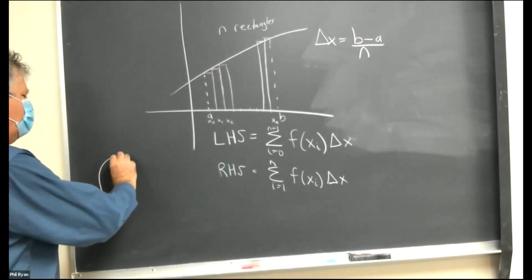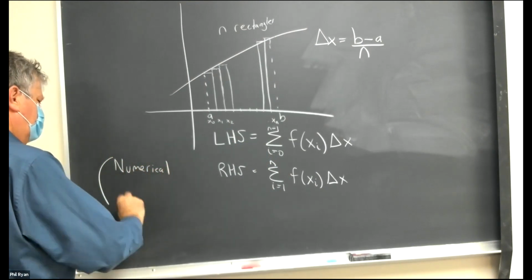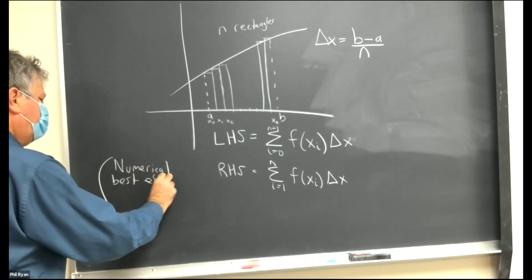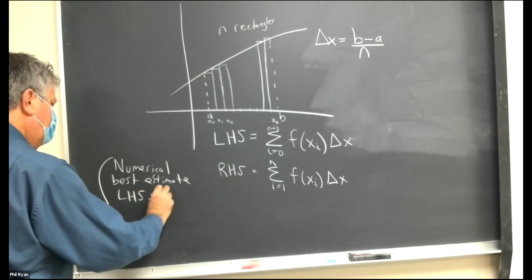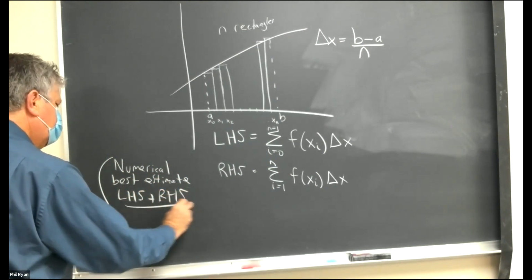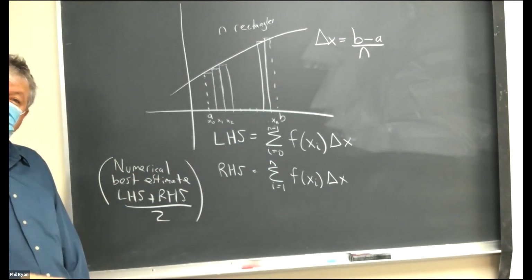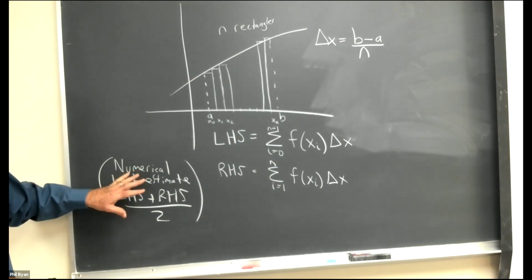And from a numerical point of view, the best estimate is just to take the average of the two. That tends to give you the best answer, but that's just a numerical technicality.